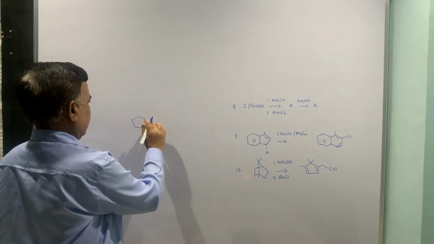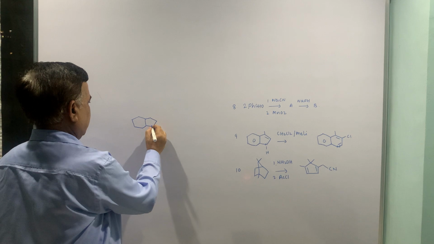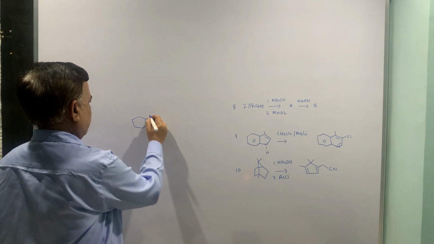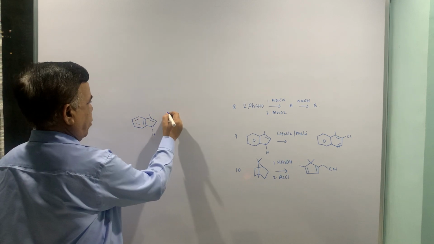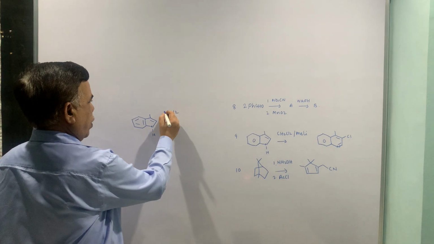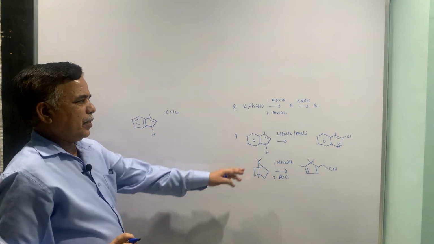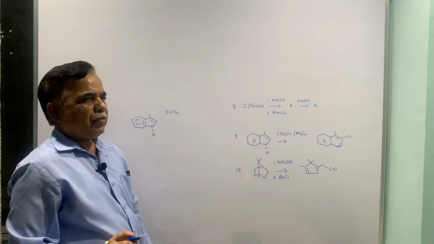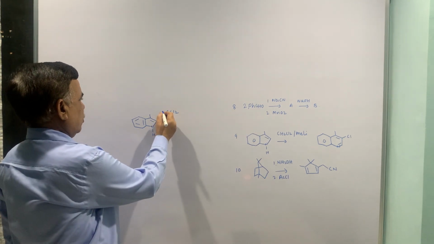Initially it is a 5-membered ring, so let me put that 5-membered ring here. NH. Methyl lithium is a base which will abstract the proton, and 1,1 elimination can give you the carbene.